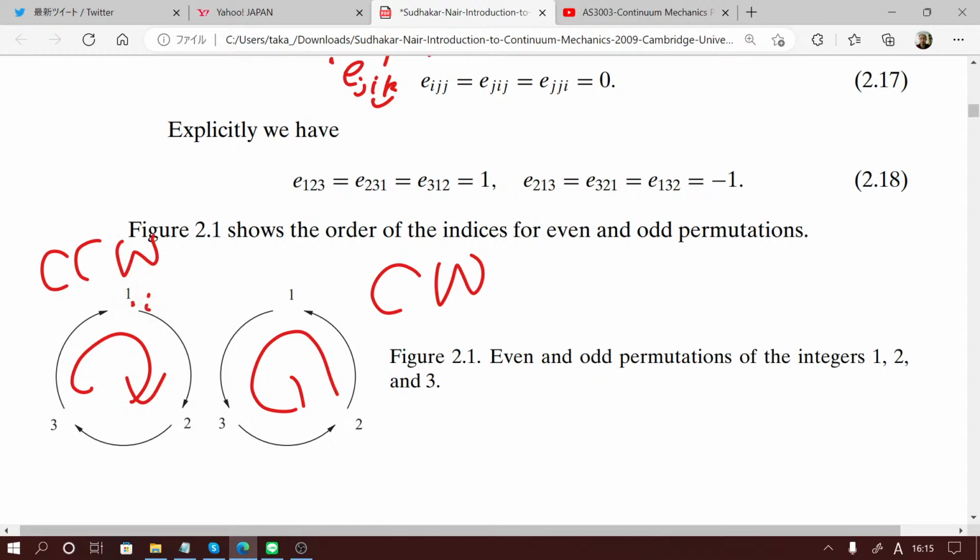If you go 1, 2, 3, or 2, 3, 1, or 3, 1, 2, these are even permutations of 1, 2, 3. And if you go counterclockwise, which is 1, 3, 2, 2, 1, 3, 3, 2, 1, these are odd permutations of 1 to 3.